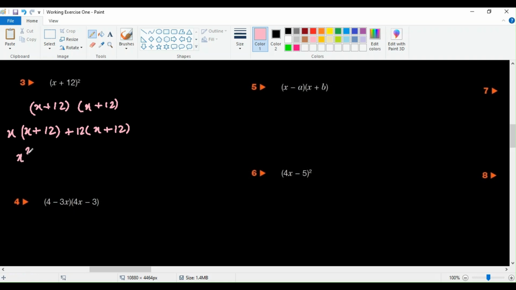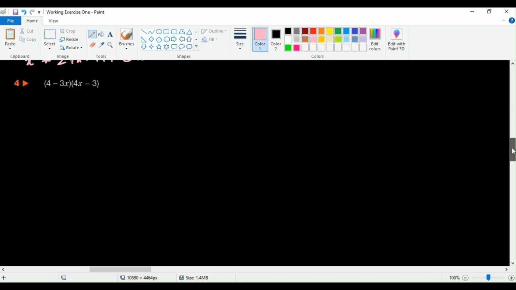So this gives us x square plus 12x plus 12x and plus 144. So this gives us x square plus 24x plus 144 is going to be the final answer for this type of question if it comes in the exam, in the test, or as a homework. Make sure to write down the steps of each question.